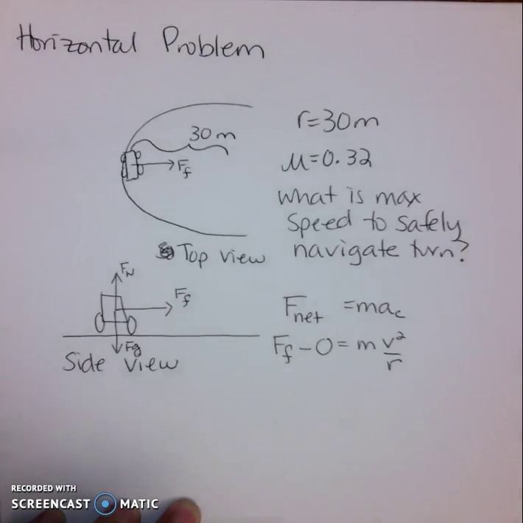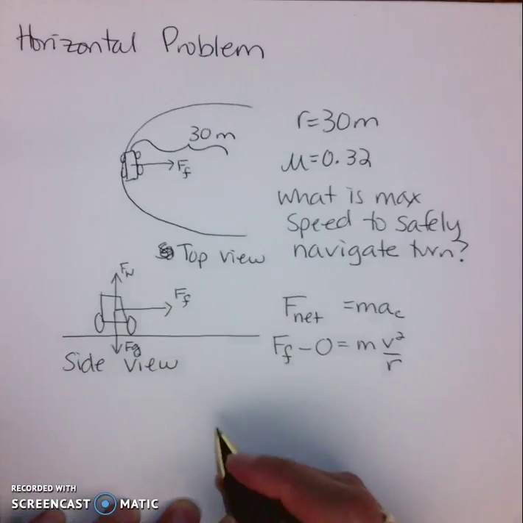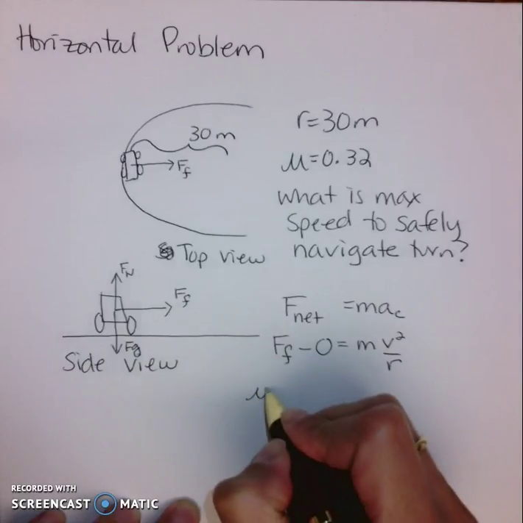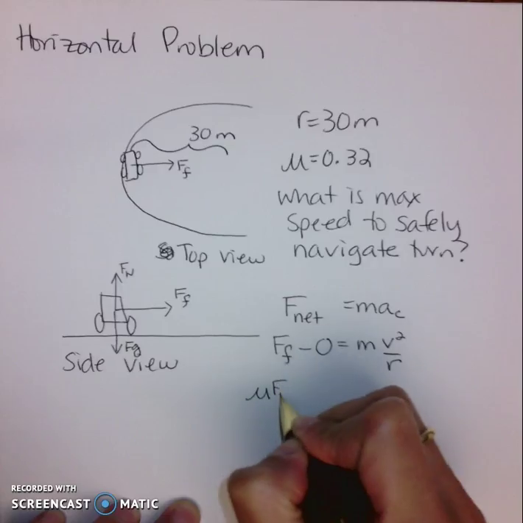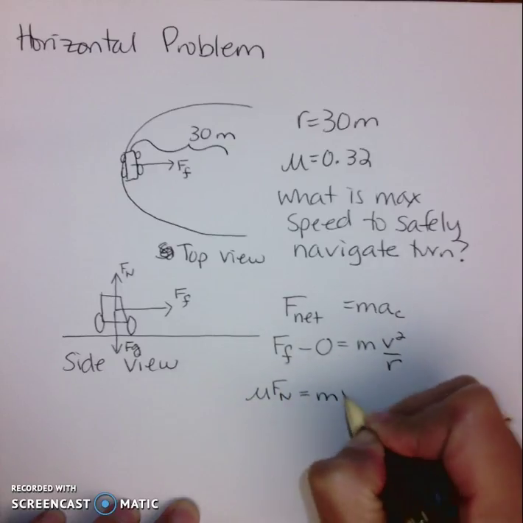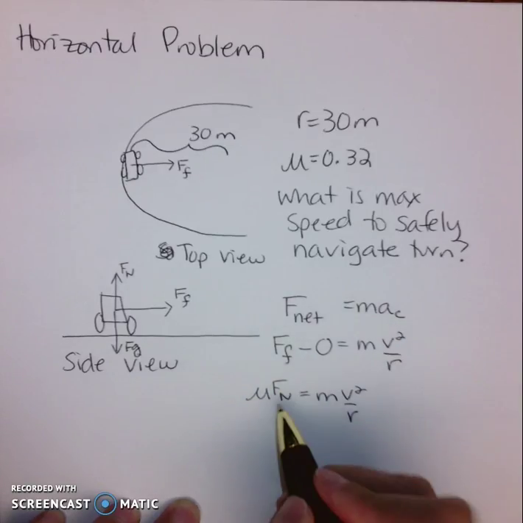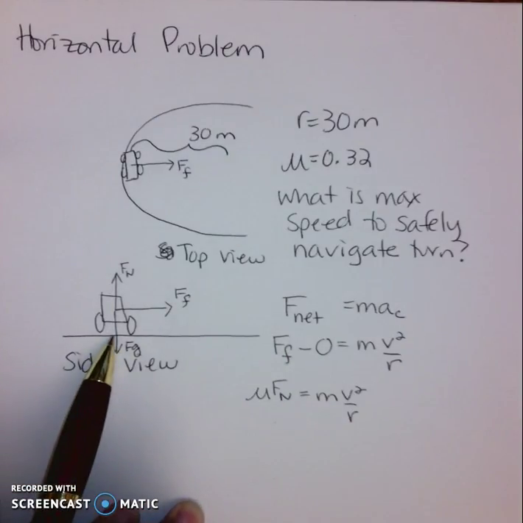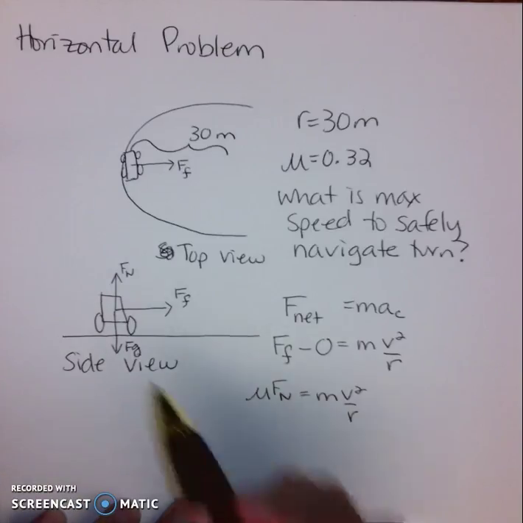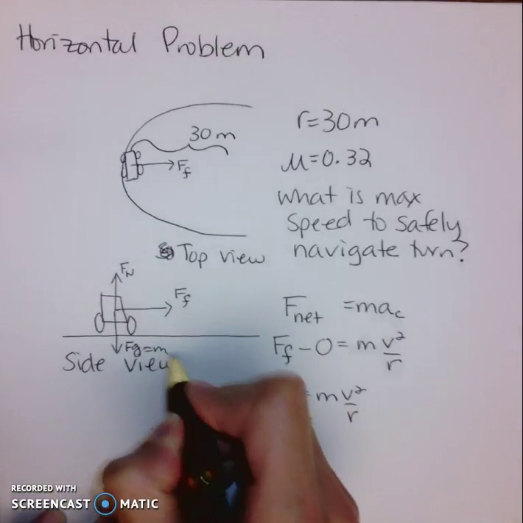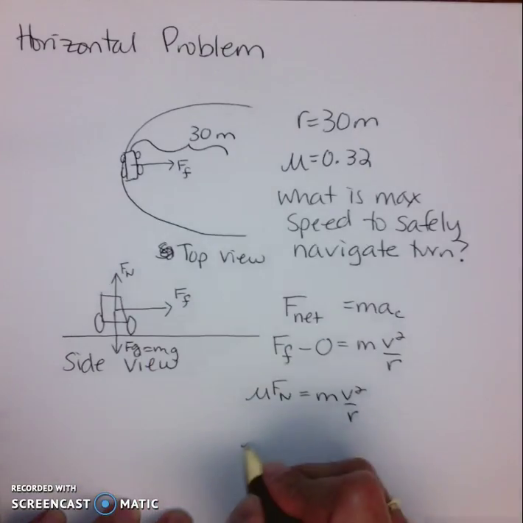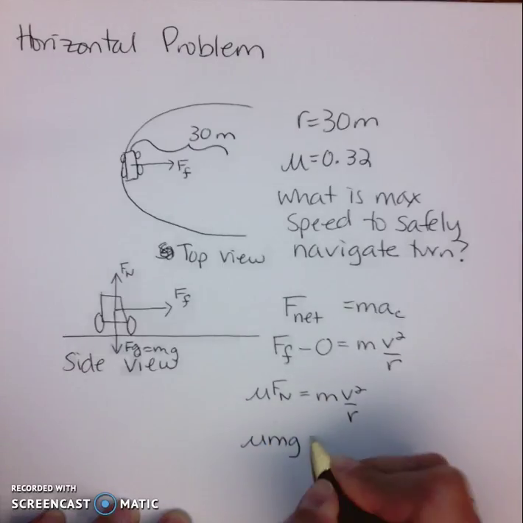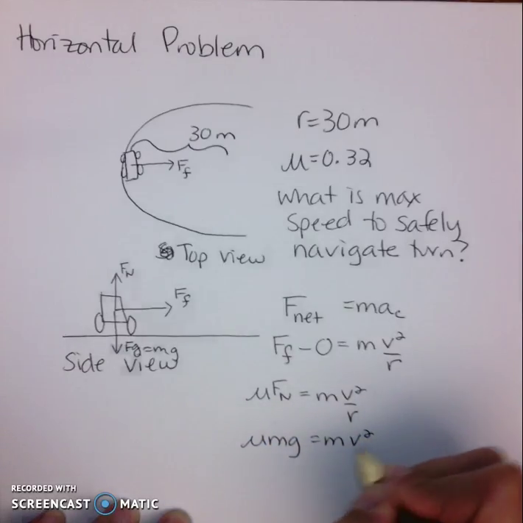Now the force of friction, I know that equation is mu times Fn, and that's going to equal m v squared over r. Then Fn, according to my side view, is equal to Fg, and Fg is the force of gravity, which equals mg. So I have mu mg equals m v squared over r.